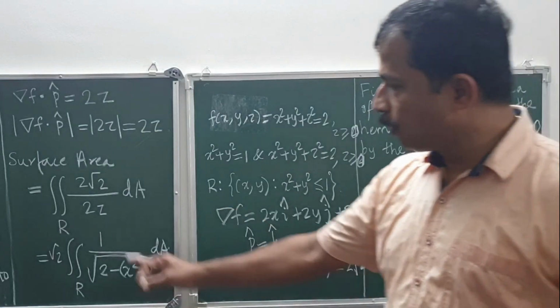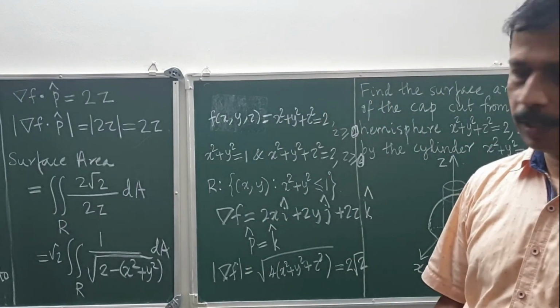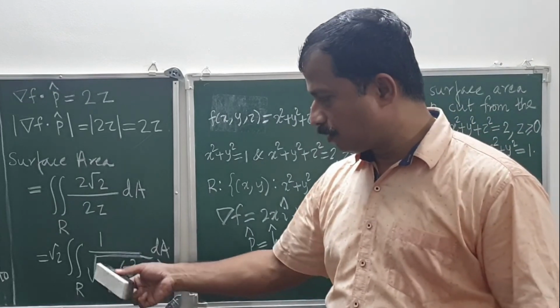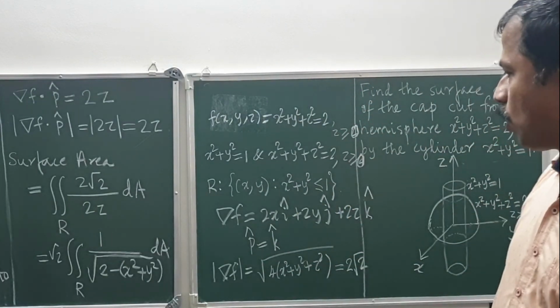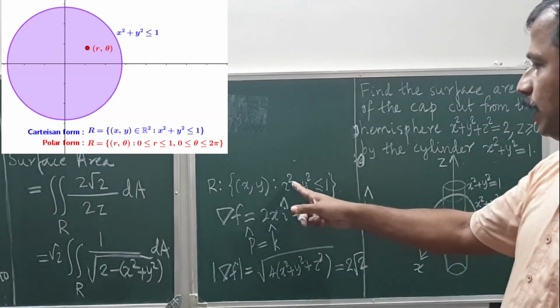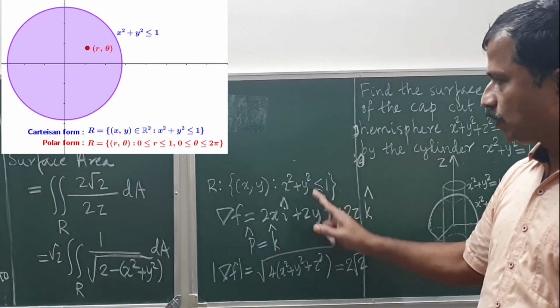Here also we prefer polar coordinates for evaluating the double integral, otherwise the integral is a non-elementary one. Our region of integration is the set of all ordered pairs (x, y) such that x square plus y square is less than or equal to 1.